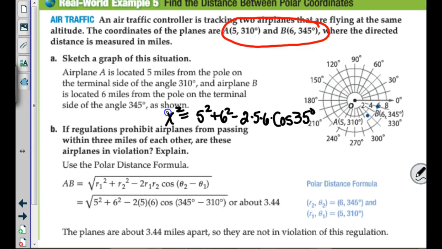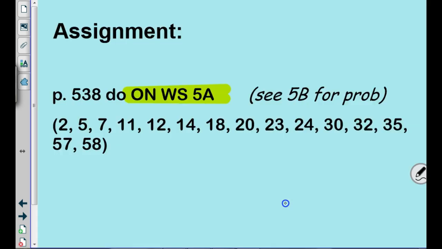You use the crazy formula if you want. I got 3.44 just like they did. Someone else get that using the formula? Okay.